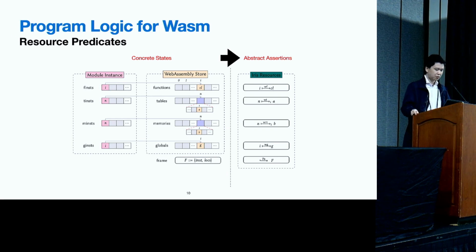We are modeling both the table indices and the function indices as resources in our logic. And after that, we can include those resources in the precondition of the relevant proof rules for our reasoning process.